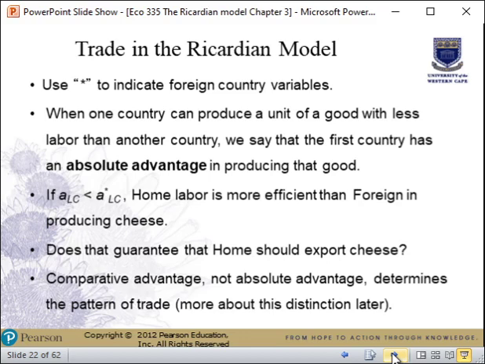The analysis of the relationship between prices and production we have done for the home country applies to the foreign country. The only difference is that when we refer to the foreign country, we will use an asterisk.